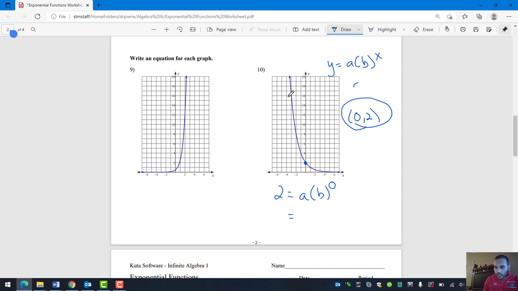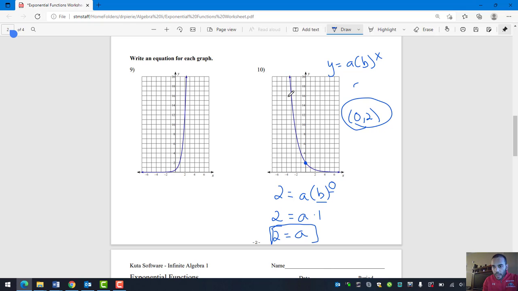So what's left after I adjust this? I'll just have a times 1 is equal to 2. And then what is a times 1? a times 1 is just equal to a. So just by looking at that equation and looking at the y-intercept, I was able to solve for a in this equation. a is going to be equal to 2.